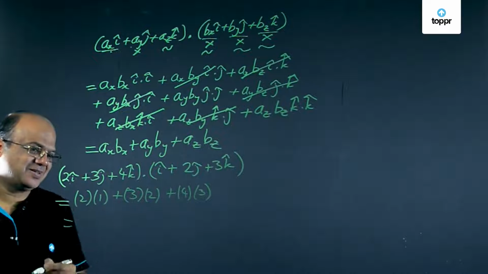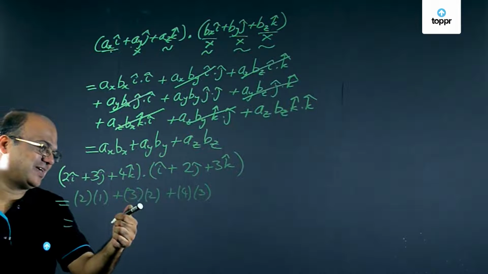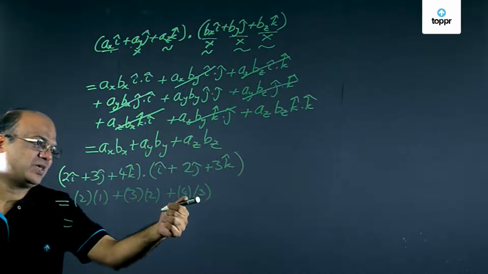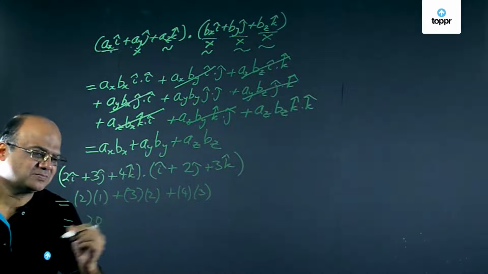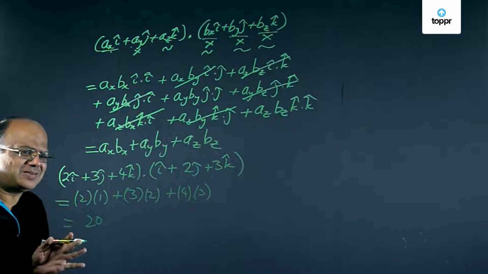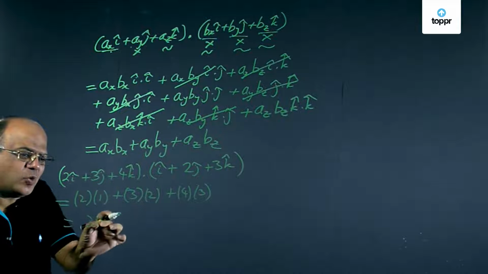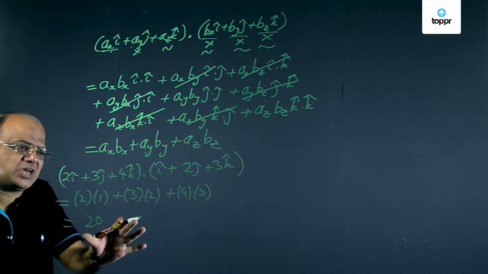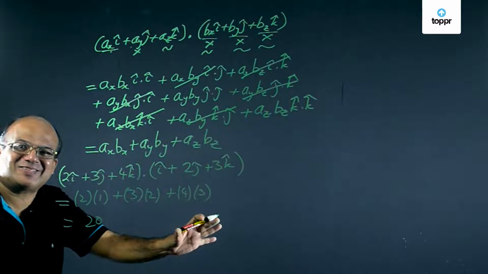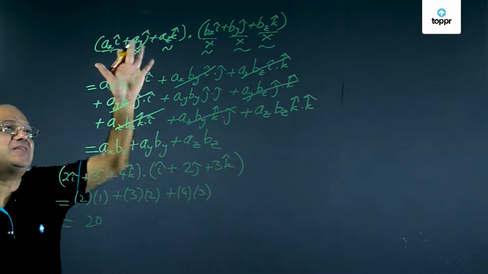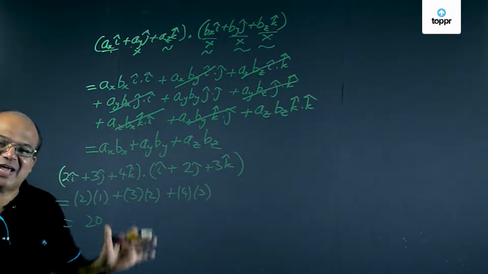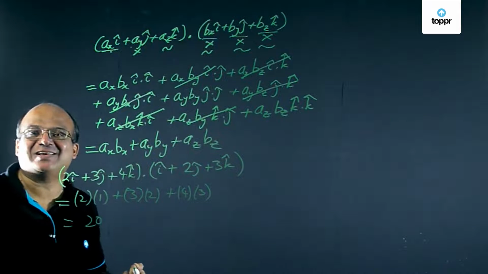So what do you get? 2 plus 6, 8 plus 12, 20. Right? No i cap is there, no j cap is there, no k cap is there in the answer. Whenever we are doing dot product, in the end we get a scalar result.